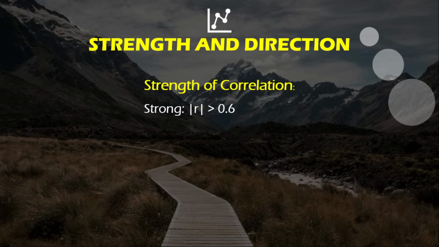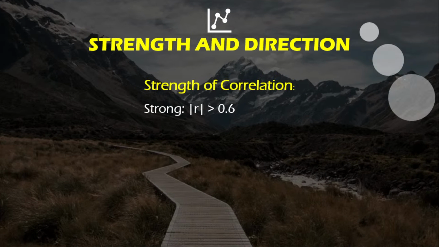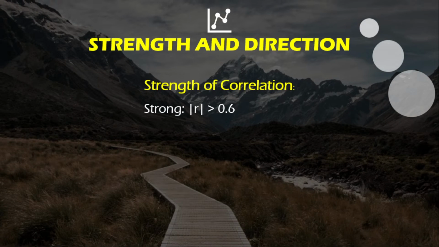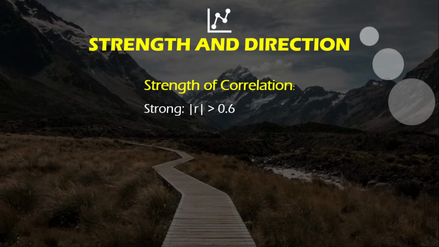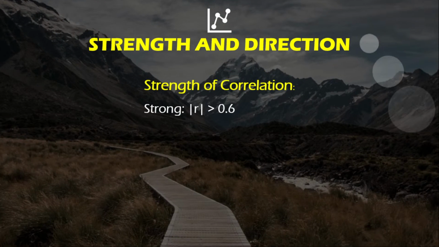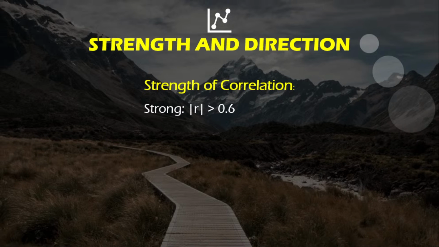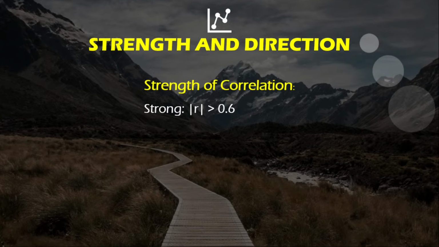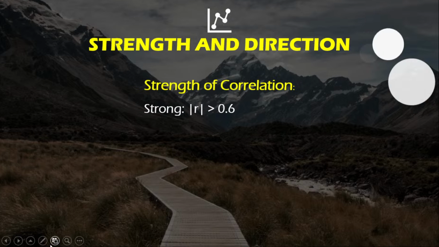So a relationship is said to be strong if the absolute value of the correlation coefficient is greater than 0.6. We say that relationship is a strong relationship. Some persons use greater than 0.7.